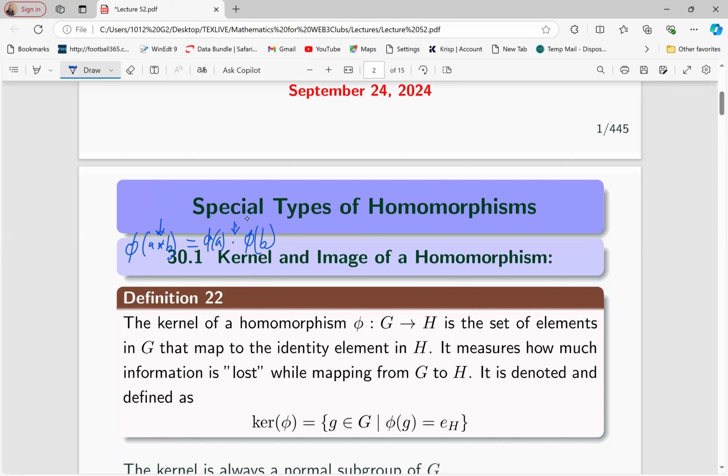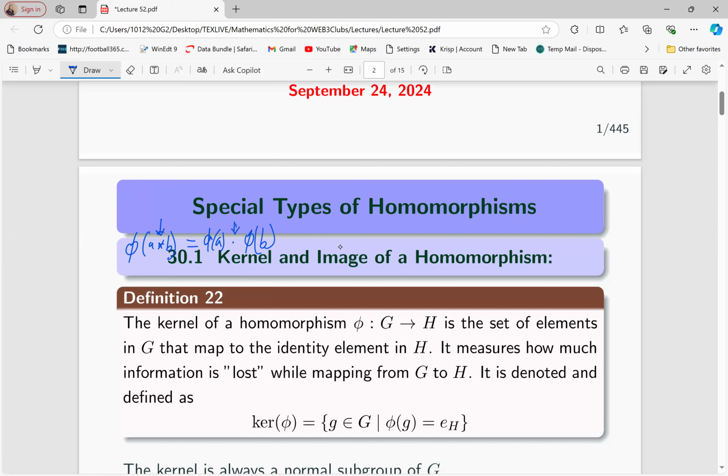Now, what is the kernel of a homomorphism? You see this is a homomorphism. The kernel of this homomorphism is a set of elements in the first set.